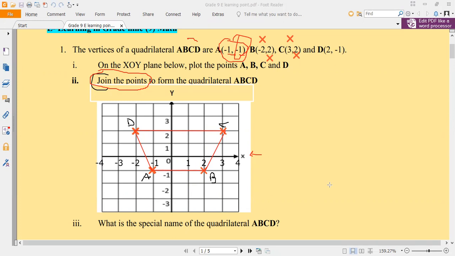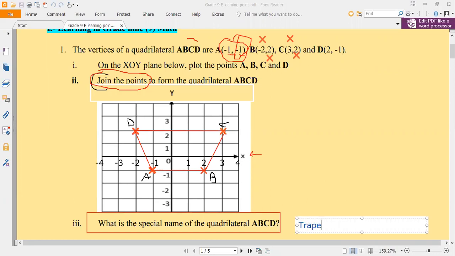And I'm sure there's a question about that right over here. The question says, what is a special name of this quadrilateral? The special name that we can give to this quadrilateral is called a trapezium.